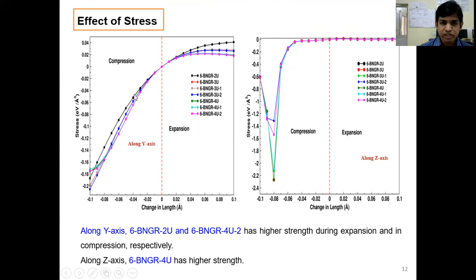And during the compression, we have the pink colored curve. This system, the 4-layer along with the 2 vacancies, has a high strength during the compression.